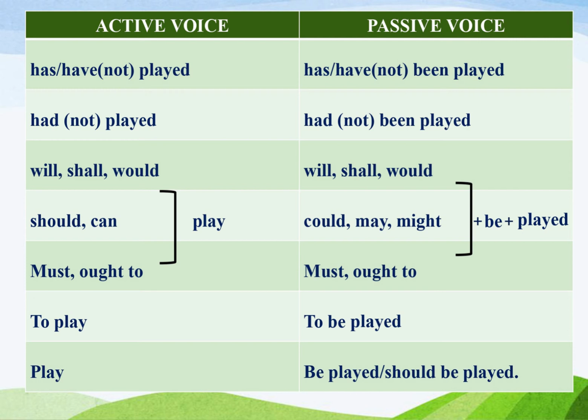Now coming to the modals, will, shall, would, should, can, must, ought to are always accompanied by the first form of the verb, that is play, and these will get changed into will, shall, would, could, may, might, must, ought to plus be plus the third form of the verb, that is played.